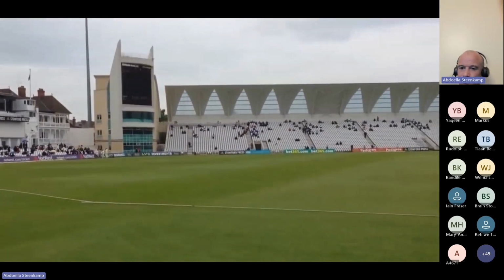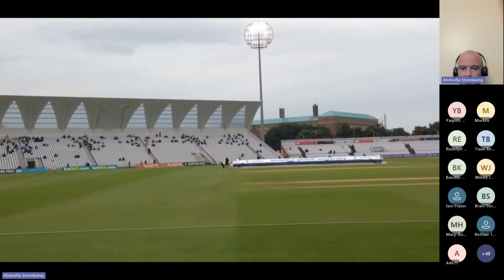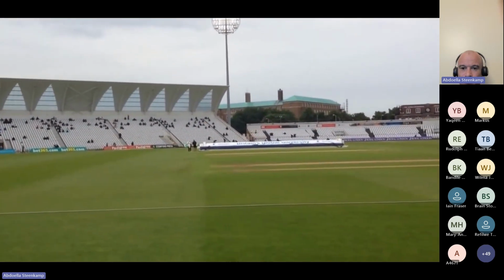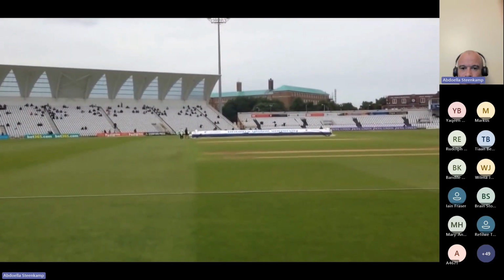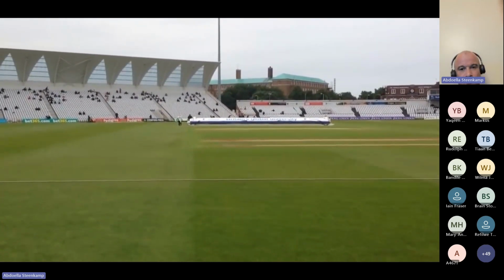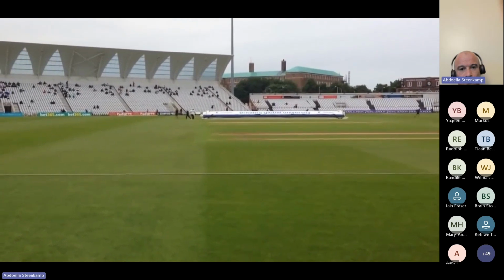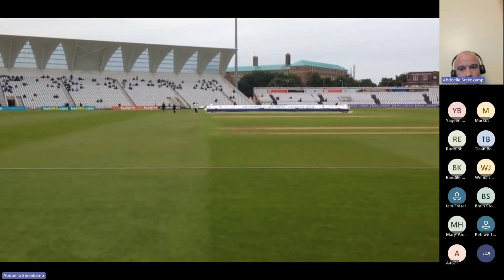So this is rather a disconsolate scene as this light drizzle, which has been falling since the start of play, has got a little heavier. We all hope that it won't last for very long.